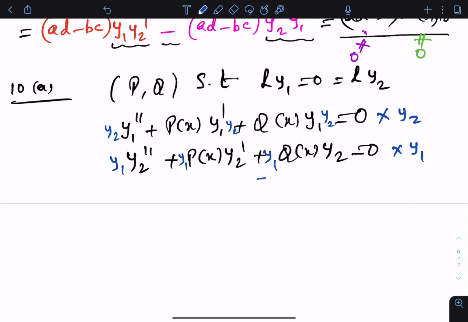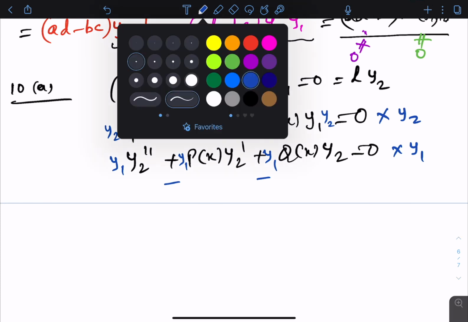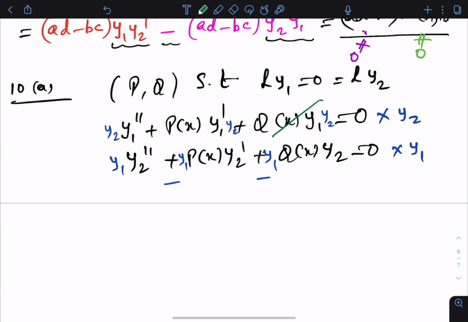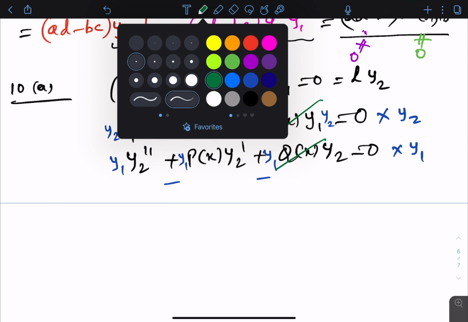And if you subtract them, this and this go off, and what will remain is something in terms of P.